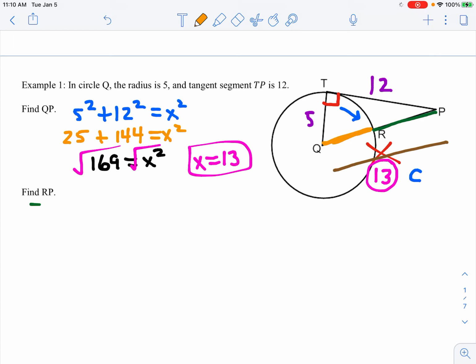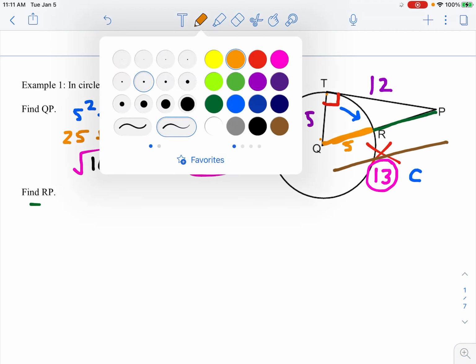You'll notice QR is a radius. It goes from the center to an endpoint. You'll notice there's another radius in this picture. QT, from Q to T, is a radius, so it's the same. So if QT was 5, we know that QR was 5. Well, we can now find RP.